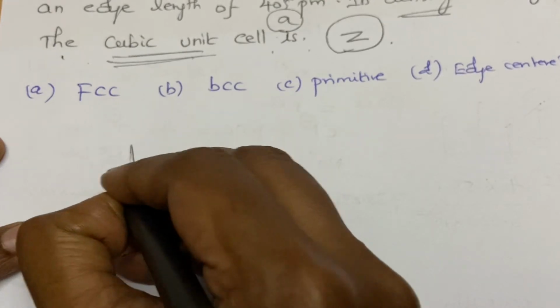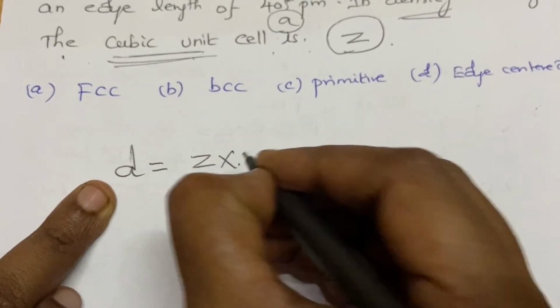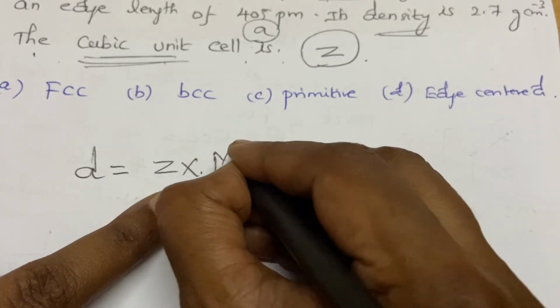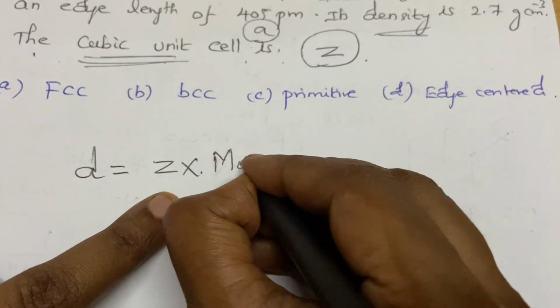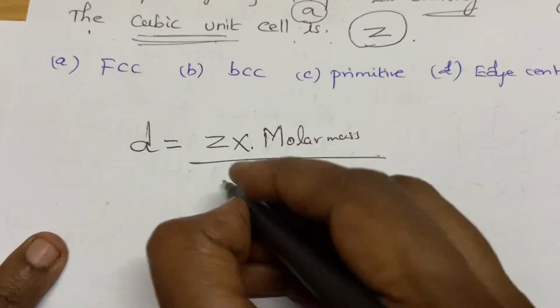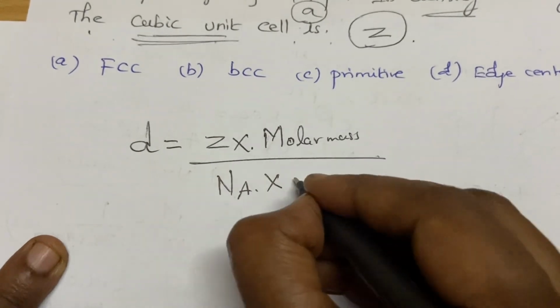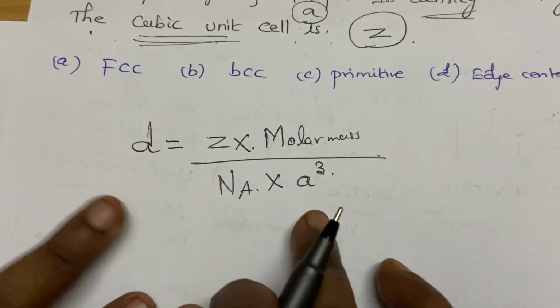So write the formula for density. Density is Z into the molar mass, or atomic mass if it is an atom, divided by Avogadro number into a cube, which is the volume of the unit cell.